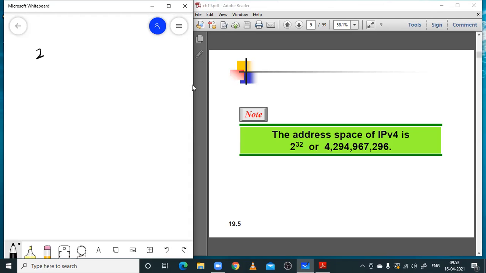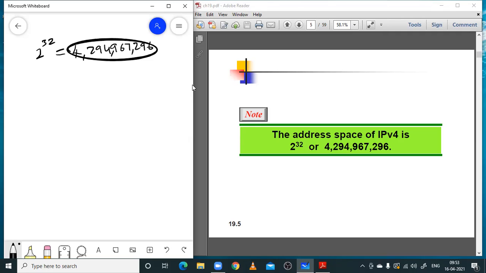So 32 bits means 2 power 32, which equals 4294967296. Okay, these many systems can be added. So this is the address space. Address space is nothing but the number of hosts involved according to IPv4. So these many hosts will be included as part of IPv4. That is the address space allotted for IPv4, 2 power 32.